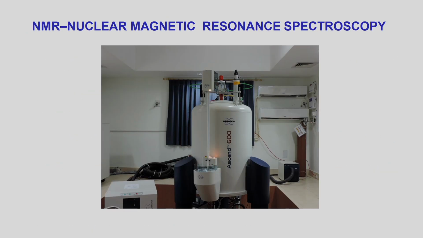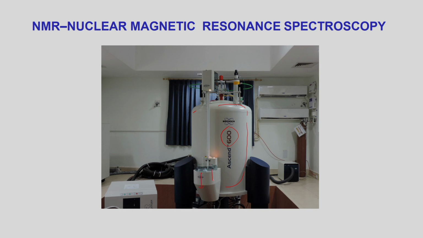This is what the spectrometer looks like in our IIT Guwahati central instrumentation facility. This is a 600 megahertz instrument, and in this shell you have the sample, which is inserted here.